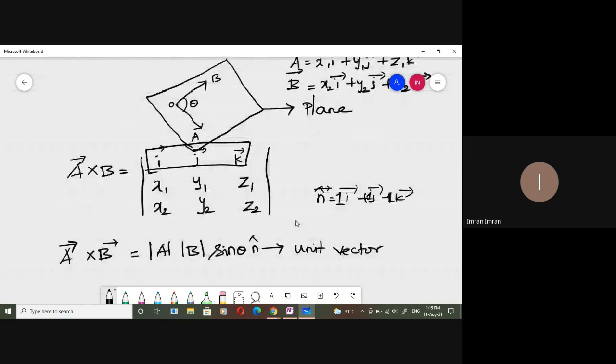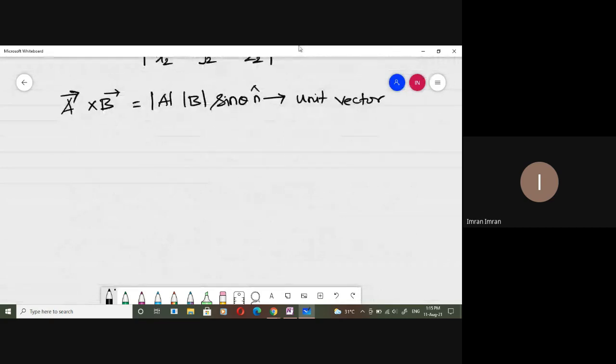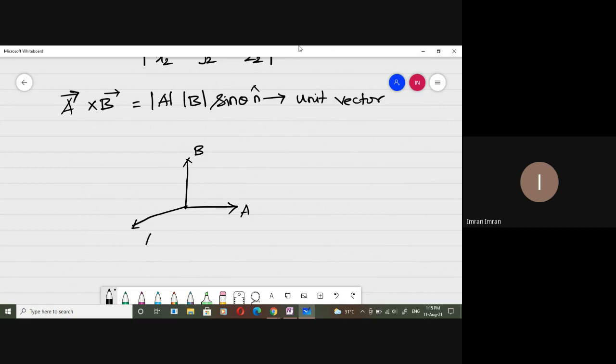In the whole form of the cross product, we take the two vectors A and B, and we get A cross B perpendicular to both vectors, at 90 degrees and 90 degrees.